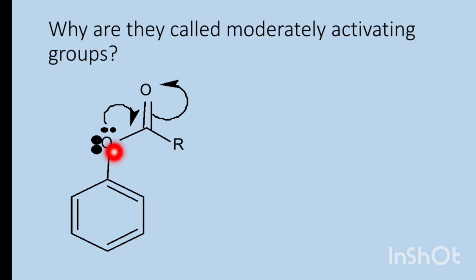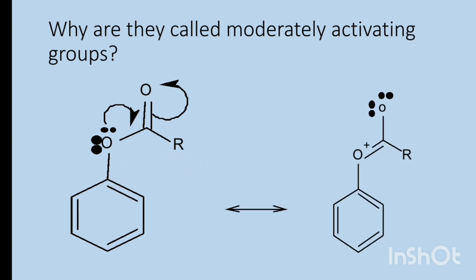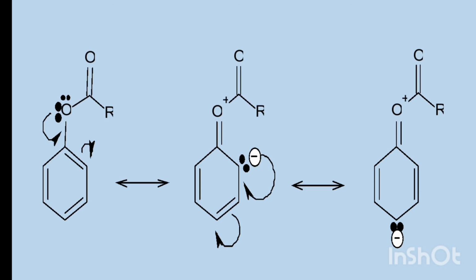So this oxygen can donate electrons in this direction, and it can also donate electrons in that other direction, to the benzene ring. Because this group is donating electrons in two competing directions, it is less effective compared to the strongly activating groups, which only donate electrons in one direction. It's because of that fact that these are called moderately activating groups.